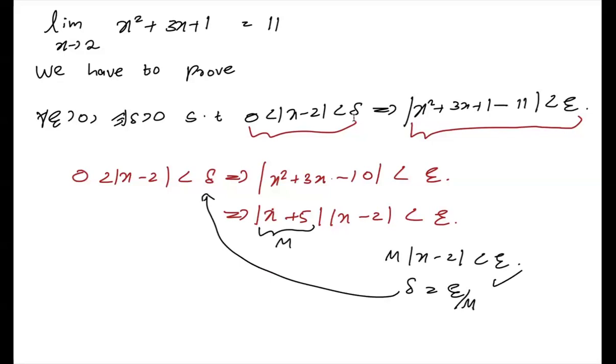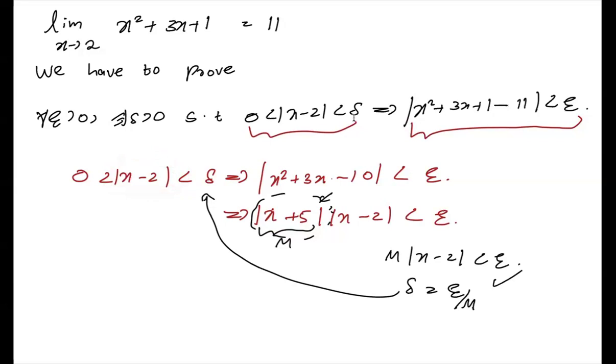But the problem is this is a variable with respect to x. So we need to get some inequality for this one and get rid of it. But whatever inequality we need to get for this one, we have to start from the inequality here, right? That's the biggest problem.